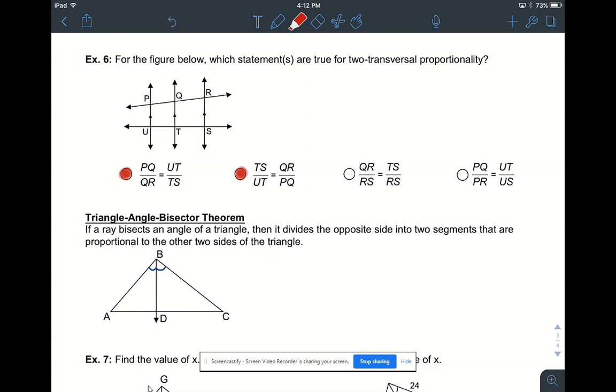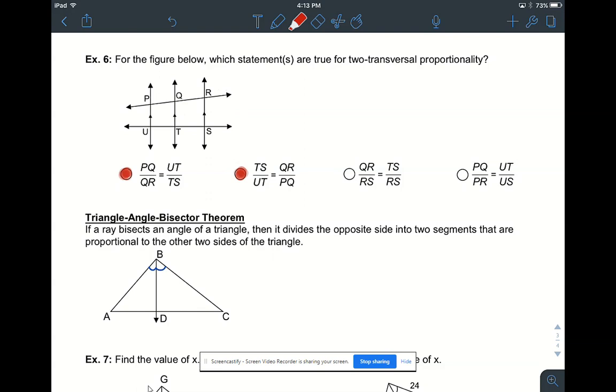Next one, QR to RS. So that's the base. TS to RS. So that one's not going to work because you were going to the same base, top to base, bottom to base, and you didn't include the side to side.